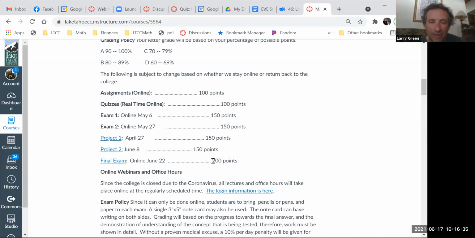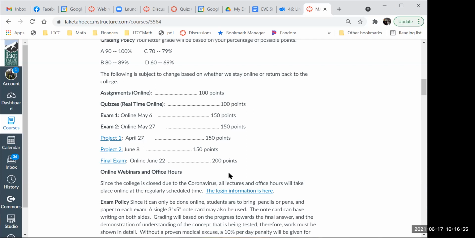So what Canvas will then do is take however many points it was, 240 or whatever you said, and it'll turn your grade into a percent, and then it'll multiply your percent by 200 points, and that's the weighting towards your course grade. Does that make sense? Not at all.